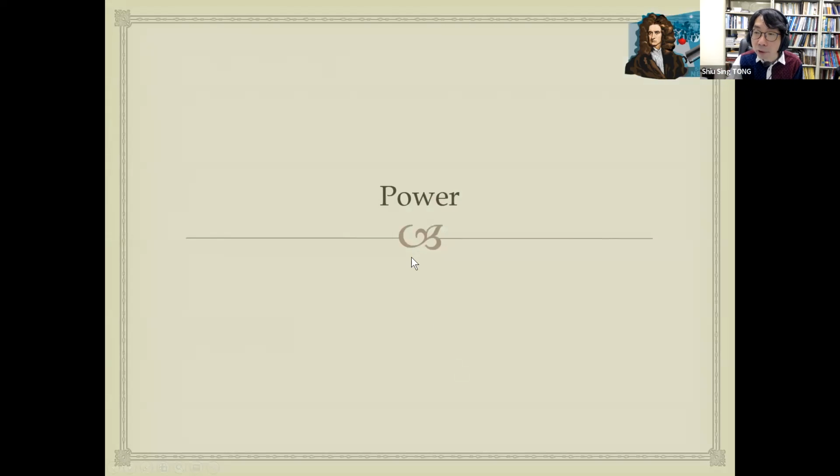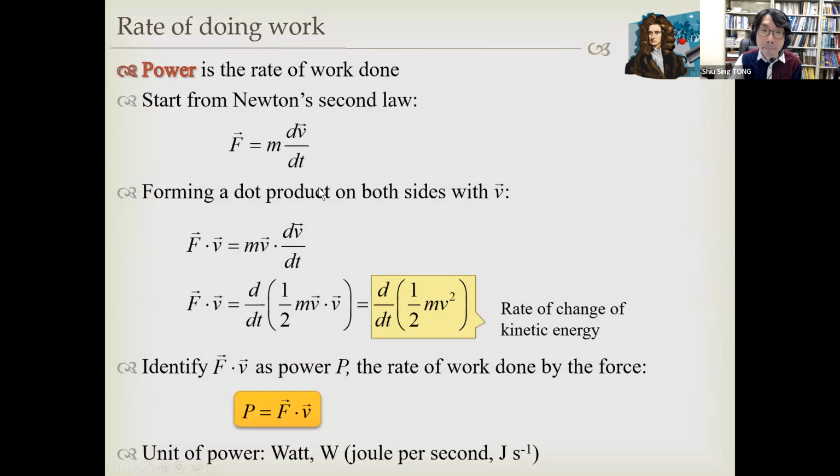And the last part of this chapter is about power. Now, what is power? Power is the rate of doing work. It is not just work, but how fast the work is done, so to speak. So let's derive an expression of power from Newton's second law again. Now, in this situation, we can work with Newton's second law in higher dimension.